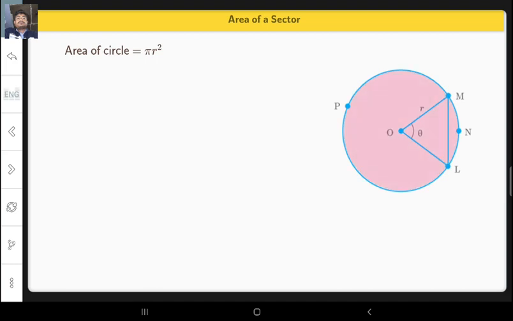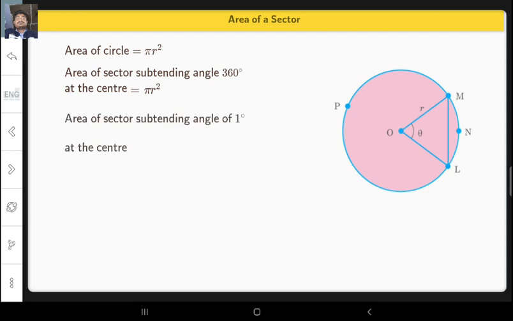This means that the area of a sector that forms an angle of 360 degrees at the center is equal to pi r square. And the area of a sector having an angle of 1 degree at the center is equal to 1 divided by 360 into pi r square.